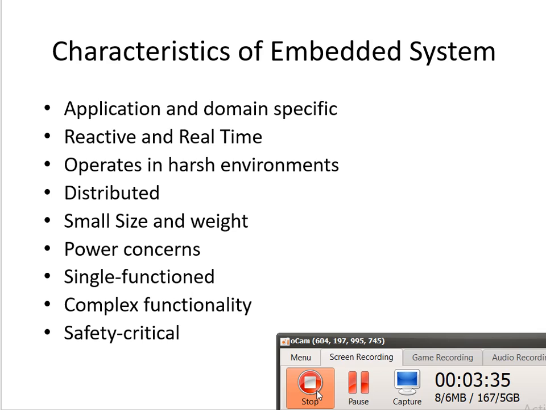The other one is reactive and real-time. Embedded systems are in constant interaction with the real world through sensor and user-defined input devices, which are connected to the input port of the system.